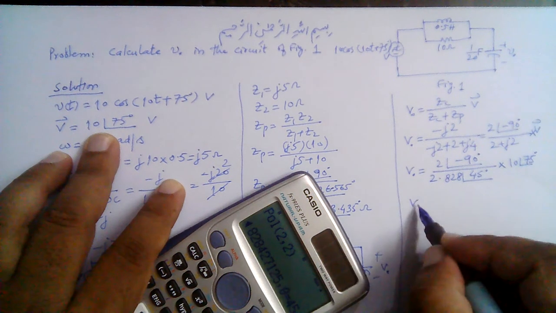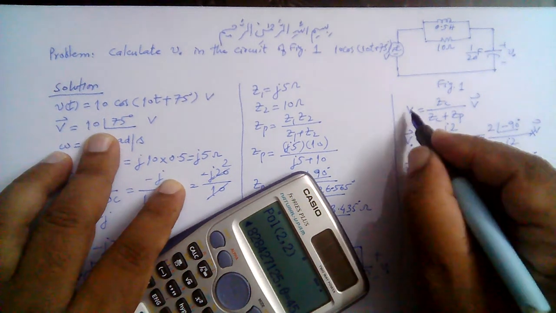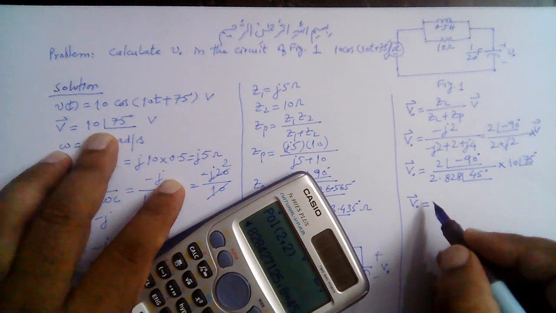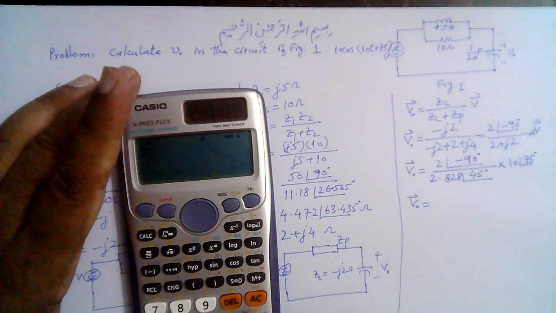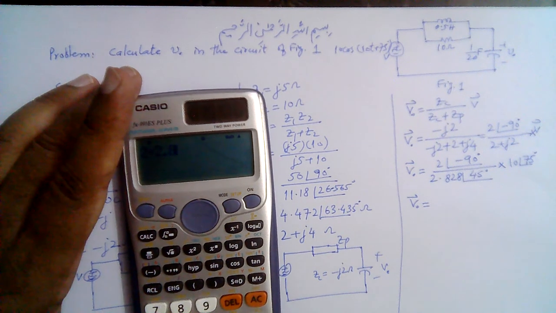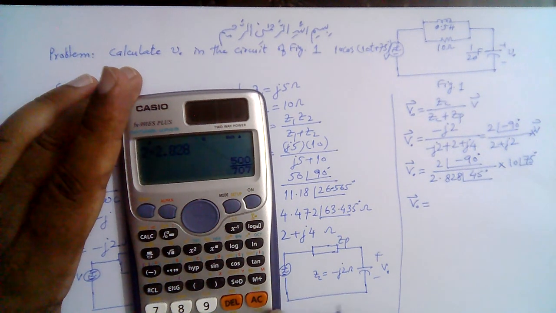So V naught is equal to 2 divided by 2.828, right?